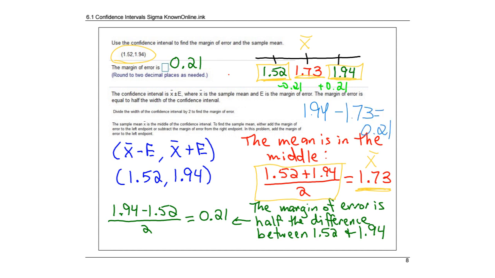So you can do it that way, or you know that you're going to add and subtract the margin of error. So if you want, you could subtract the two endpoints. Take the higher endpoint of 1.94 minus the lower of 1.52 and divide by 2, and that's going to also give you your margin of error. So whichever way works for you. So you try it and let me know if you have questions.